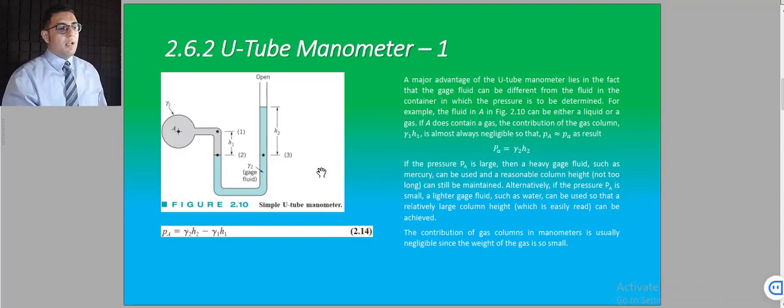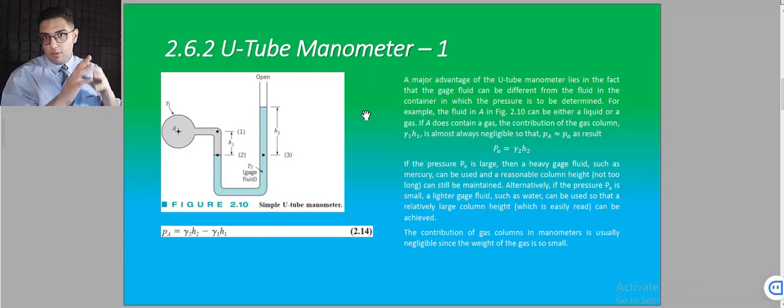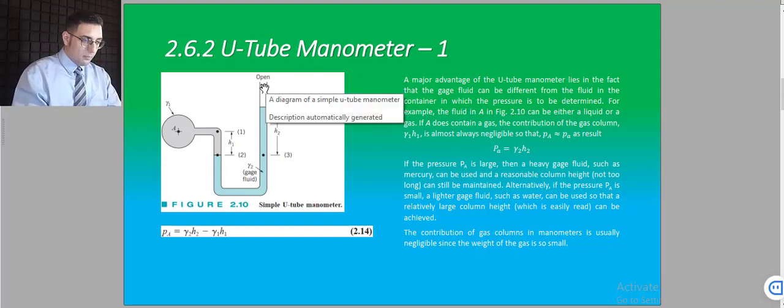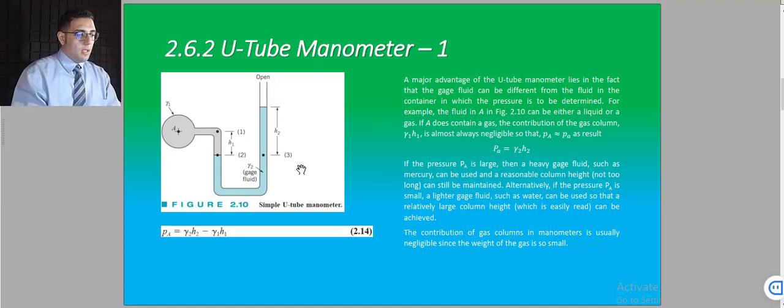The second type of manometer is a U-tube manometer. It itself has two categories, one open end and two closed ends. Here's the one open end. Here, as long as we have the same elevation, P1 is equal to PA.